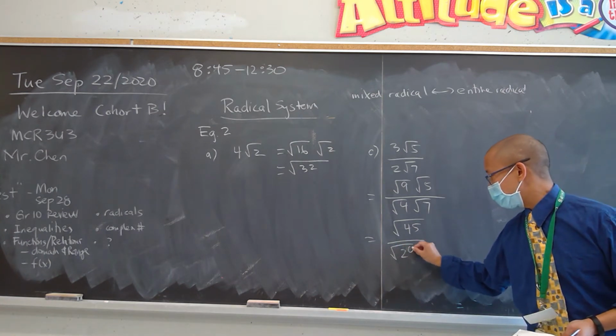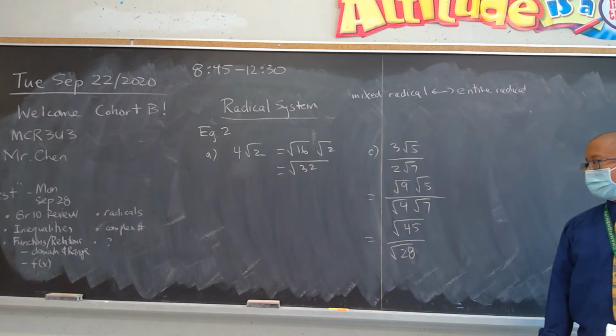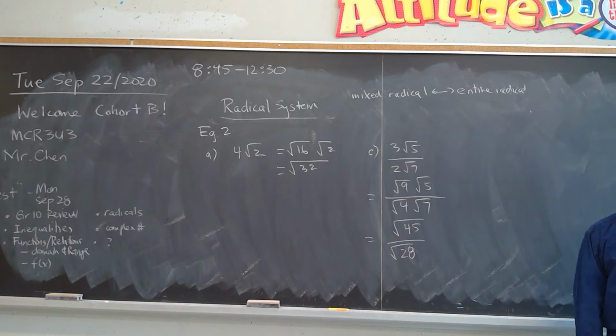That's an ugly 8. Looks better. Can we reduce that still? Are you supposed to make the denominator not a radical? Yeah.